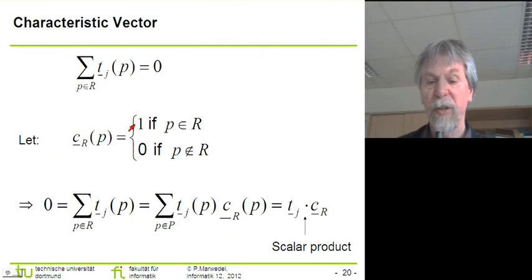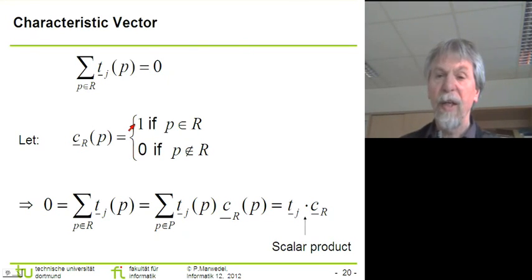For a particular place P, the value of this characteristic vector will be 1 if the place is included in the subset R, and it will be 0 if that place is not included in the subset R. With this introduction of the characteristic vector, we can rephrase our equation as follows.